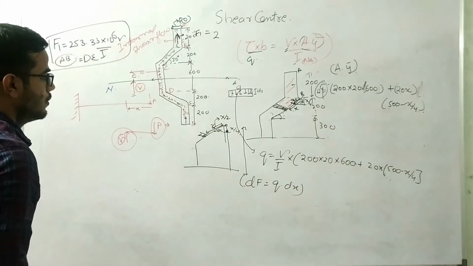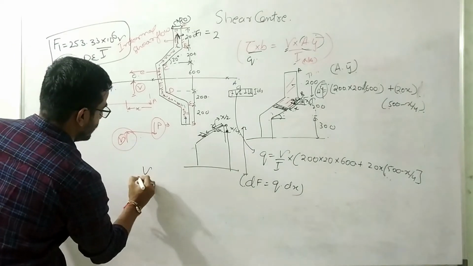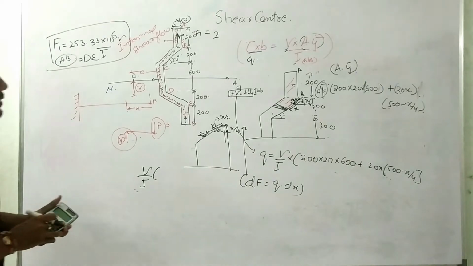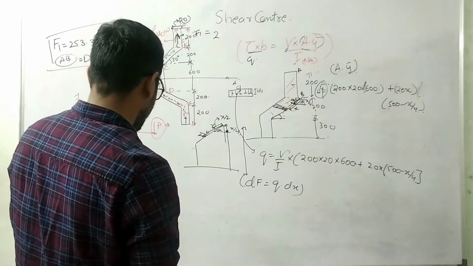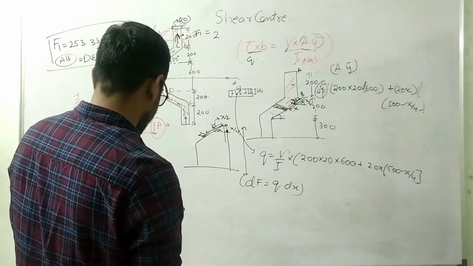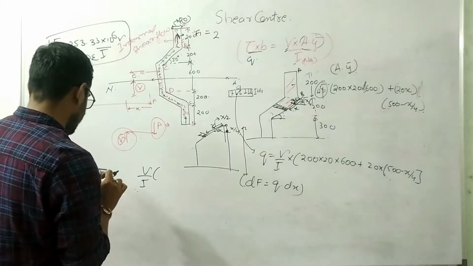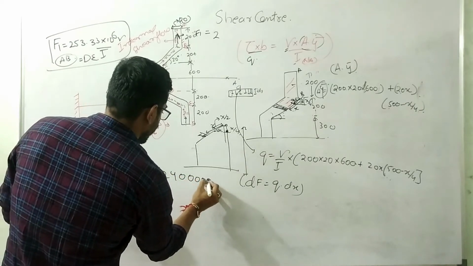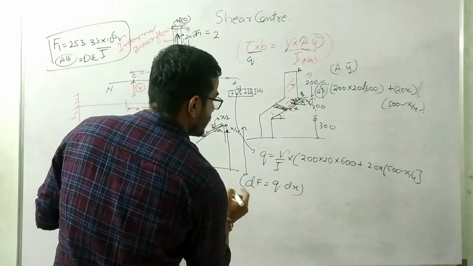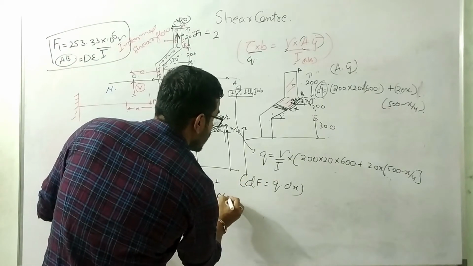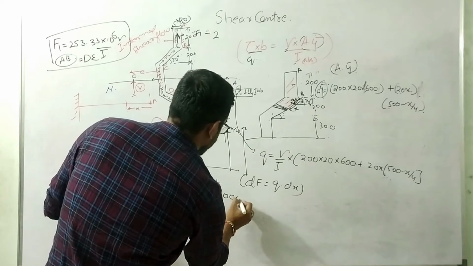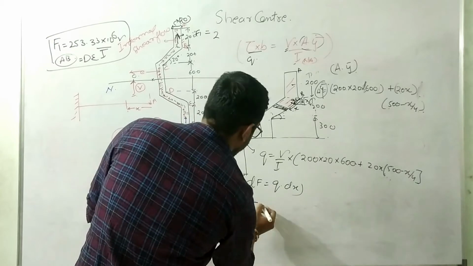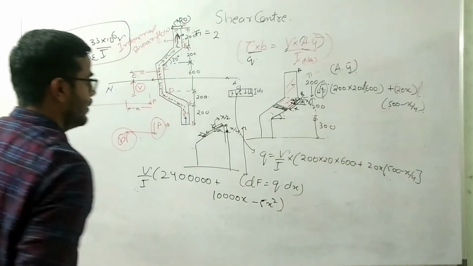Okay, so if I integrate this expression, this is V over I into 220, equals 24, plus 10,000x minus 5x square minus 5x square.